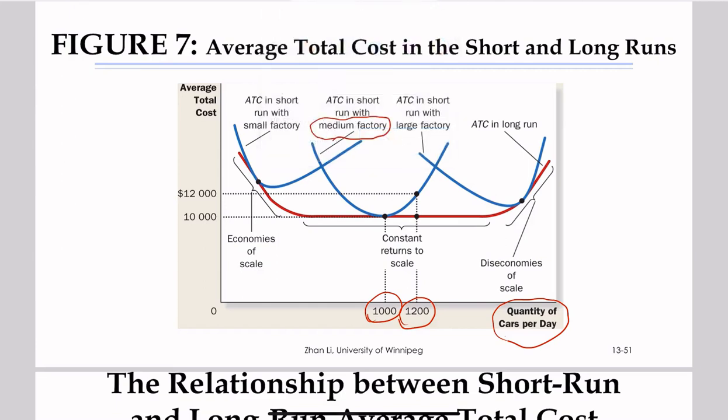You will see that there would be this lower cost in the long run. So in this case, we assume in the long run, the firm will actually be able to pull back from $12,000 to $10,000. Right?